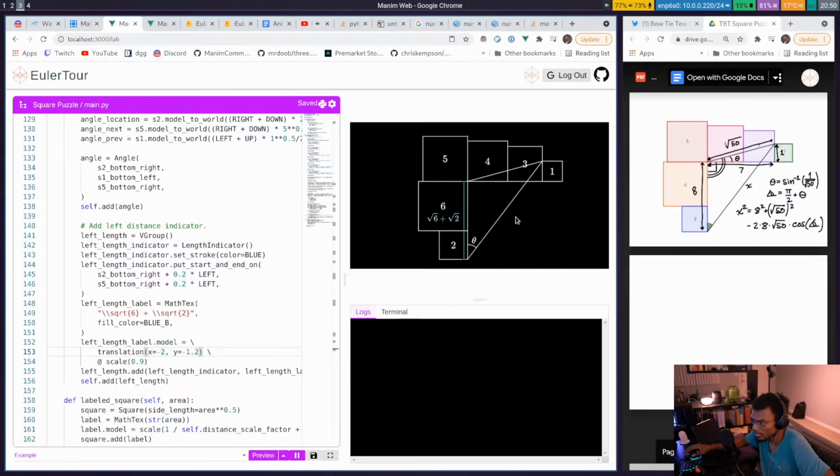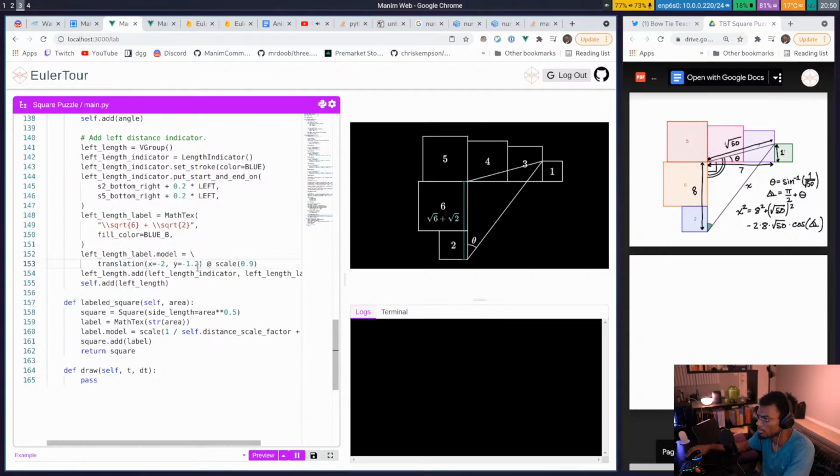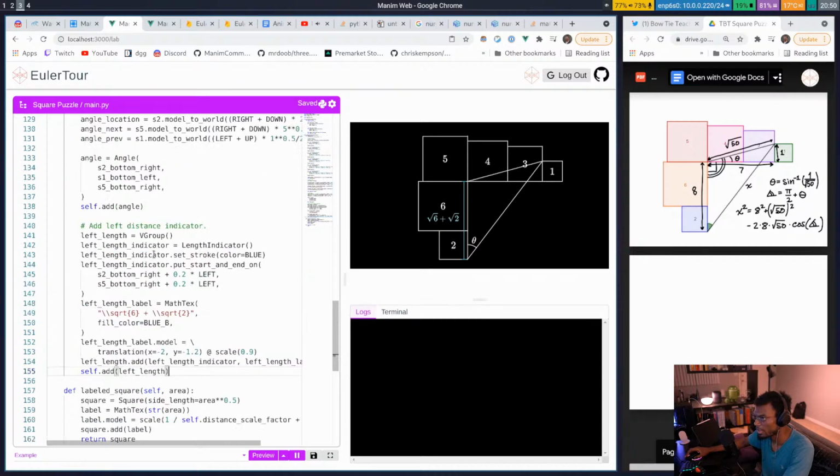So that isn't so difficult. Then I'll want to get rid of the 7 and the 1 indicators when I'm animating it.